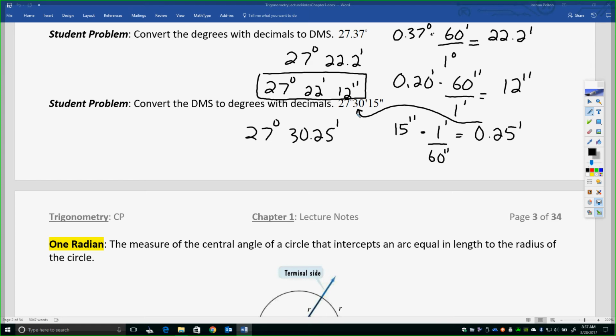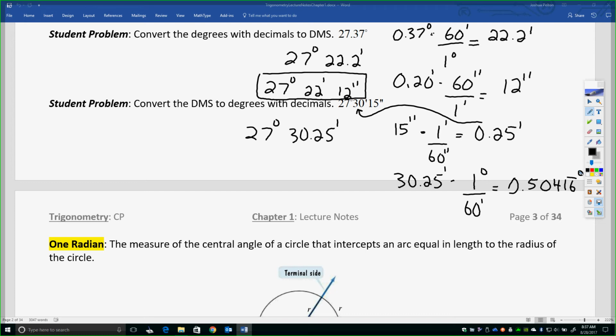Okay, so then we'll take our 30.25 minutes, multiply that by 1 degree is 60 minutes, and I will get 0.50416 repeating degrees.